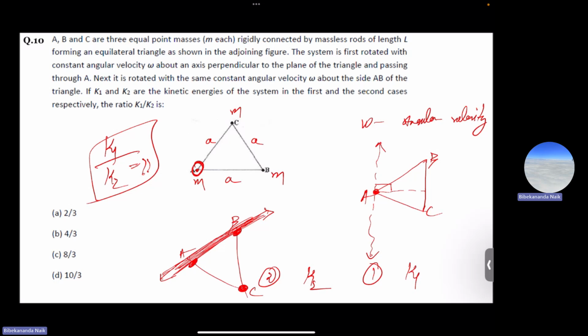So let's solve the question. Let's solve case 1, where the axis is passing through A, with masses M, M, M at A, B, C. What will be the moment of inertia in the first case?